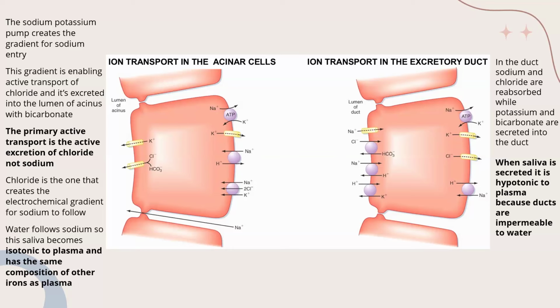So to balance this, the Na follows the negative ion, which is chloride. That's why the primary active transport is the excretion of chloride, not sodium, because sodium only follows chloride. What we're actually actively excreting is the chloride. And then Na follows, and what follows sodium is always water. This is very important to know: water always follows sodium.